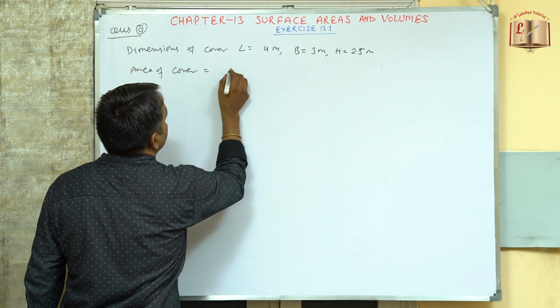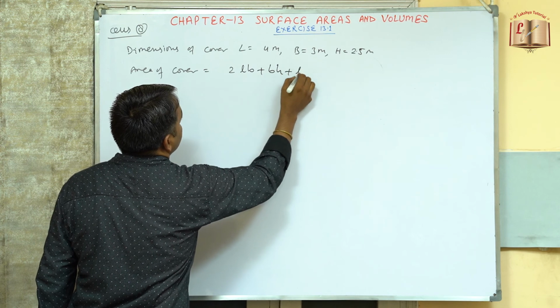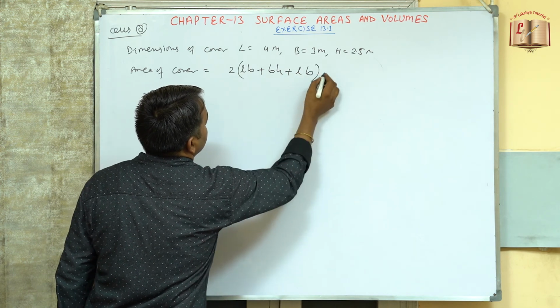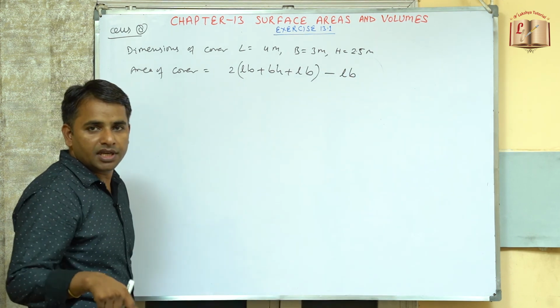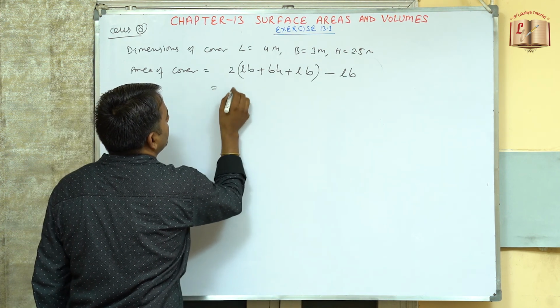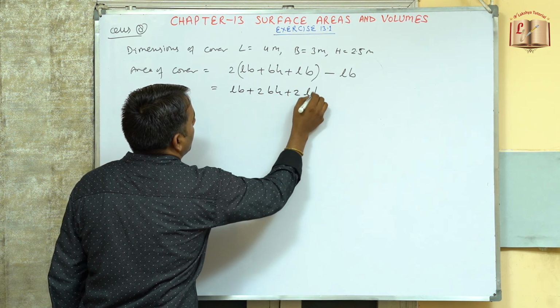So this will be 2 times LB plus BH plus LH minus LB. बेस अभी नहीं है उसमें, तो क्या होगा, एक LB एरिया ये अभी सेपरेट हो जाएगी. So this will be now LB plus 2 times BH plus 2 times LH.